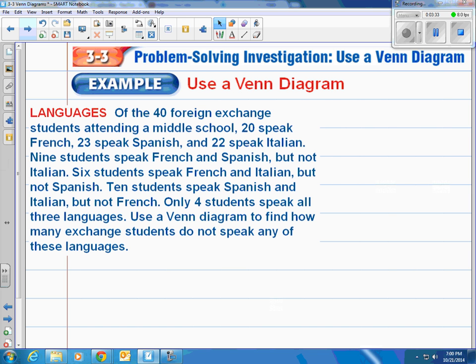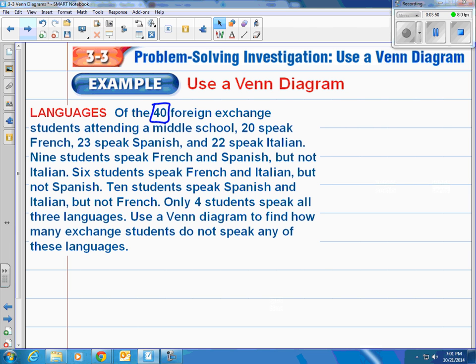Here it is. It says use a Venn diagram. Let's solve this one. Of the 40 foreign exchange students attended, so we're going to have a total of 40. 20 of them speak French, 23 speak Spanish, and 22 speak Italian.